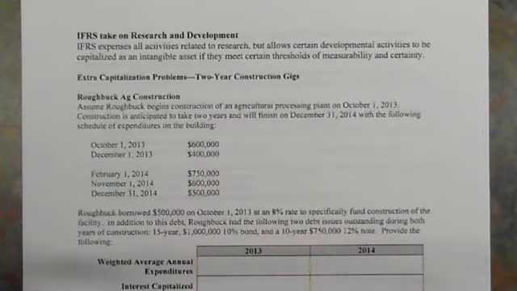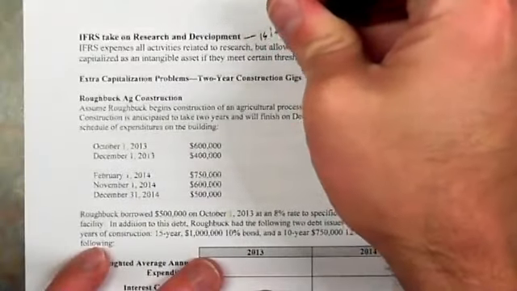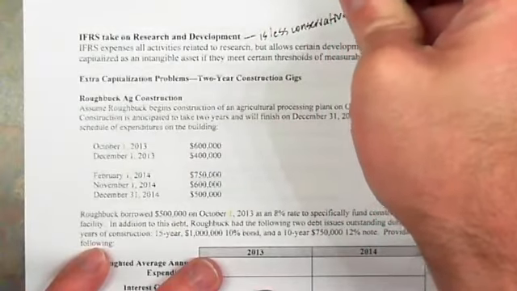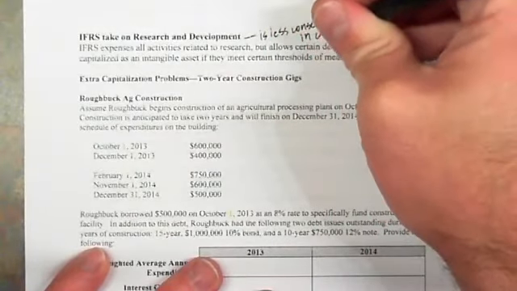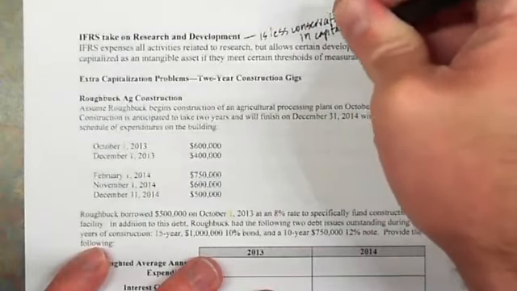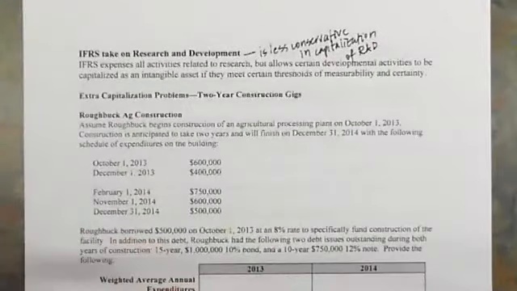We have a rather good idea that this will extend or enhance the quality of the asset we're producing. And so IFRS is less conservative in capitalization of R&D. They allow it a little bit more than US GAAP.